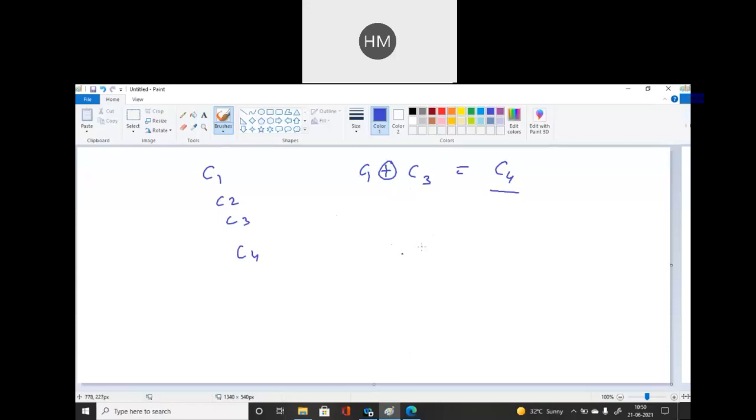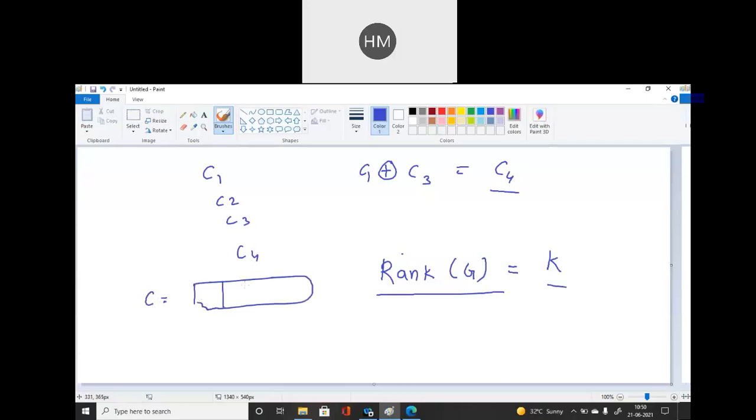ठीक है, and we can find out the rank of the generator matrix, which is very important. Rank of the generator matrix is given by K. In questions, they generally ask what is the rank of the generator matrix of your designed code. So that is equal to K. ठीक है, now in continuation with the previous things, C क्या है? मेरा एक मैट्रिक्स है जो 1 क्रॉस n है. ठीक है, तो लास्ट में क्या मिलेगा?